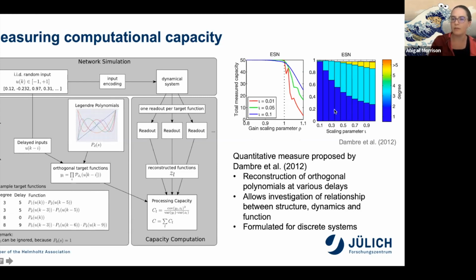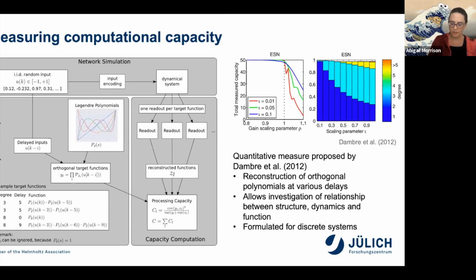And over here we can also see, as a function of the parameter iota, which is the scaling of the input weights, how the capacity profile of the network moves from completely linear for the small values of iota, to larger degrees as we increase iota.